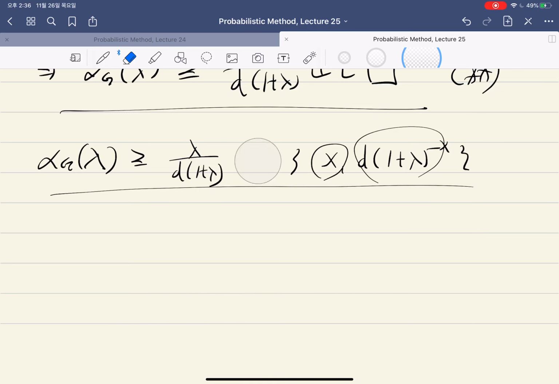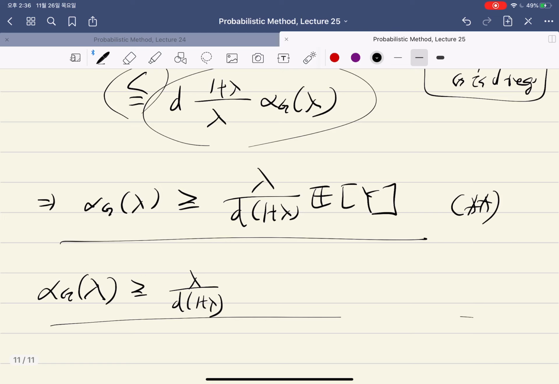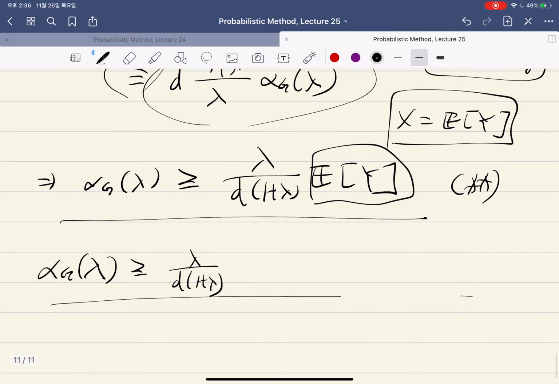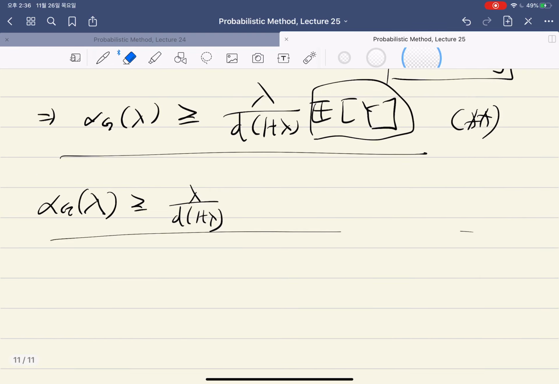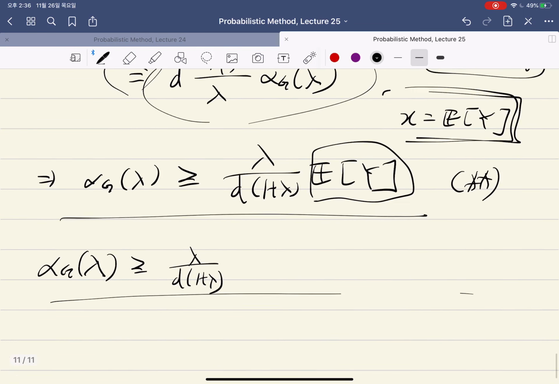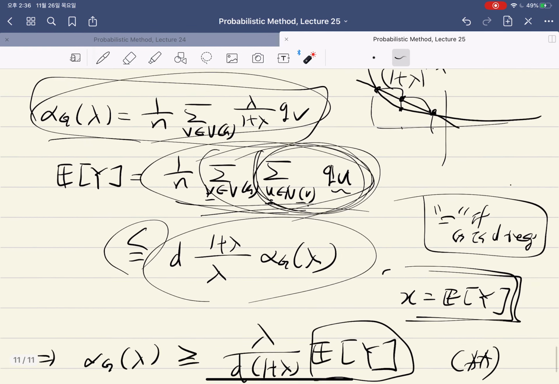I said it wrong. So you have no control on x. So here, let's say x is the expectation of y. You don't know what it is. But you know that for certain, this is some number. We don't know what this number is. For that given number, we have these two inequalities.